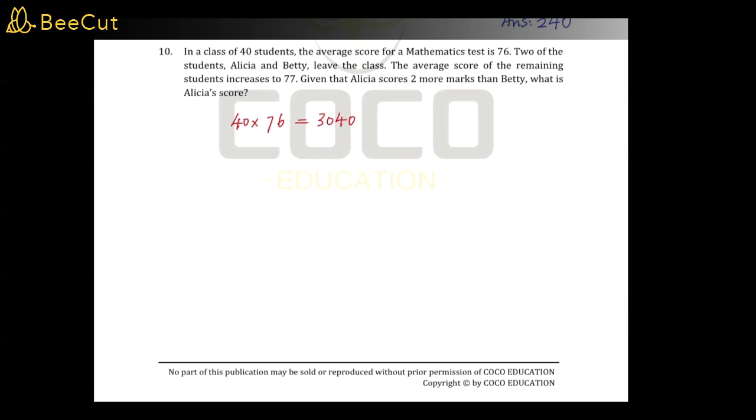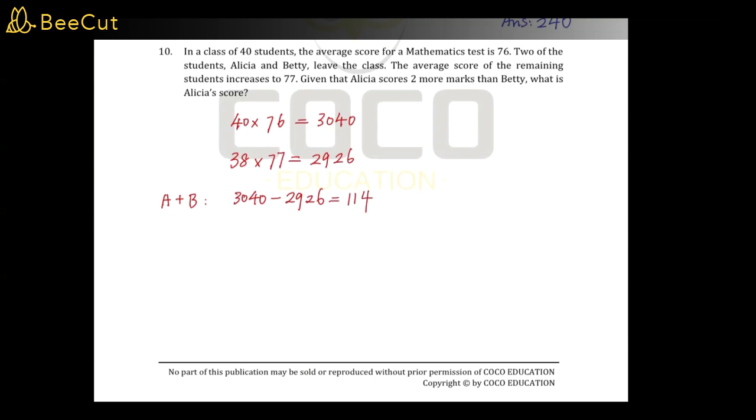So we use 38 students times the new average, 77. That's 2926. So we check for the difference. Difference gives us the sum of A and B. This is 3040 minus 2926, which is 114.